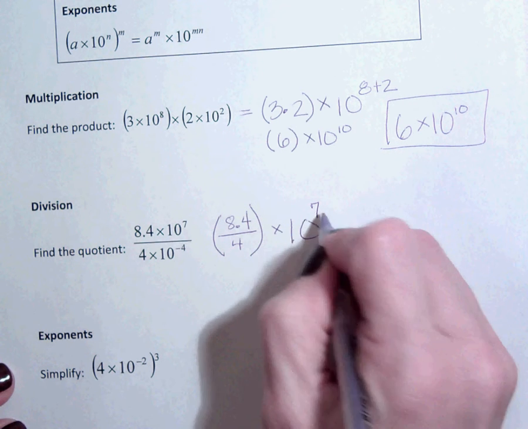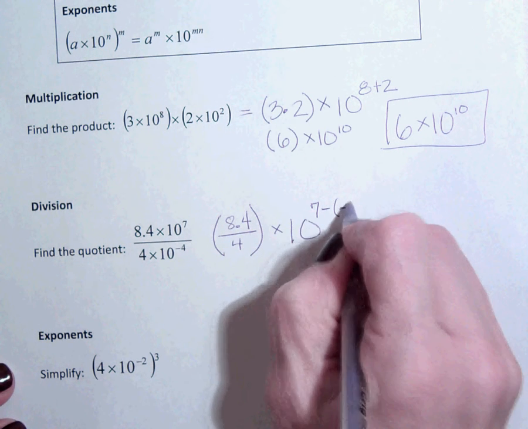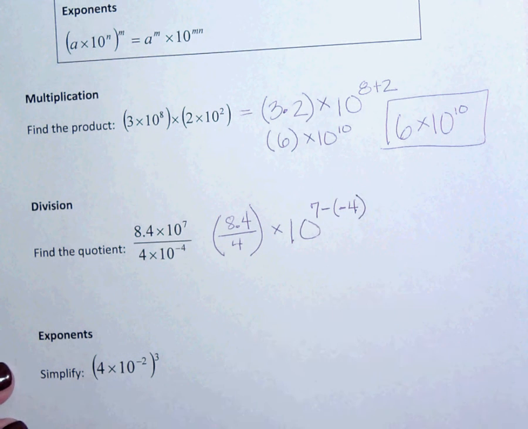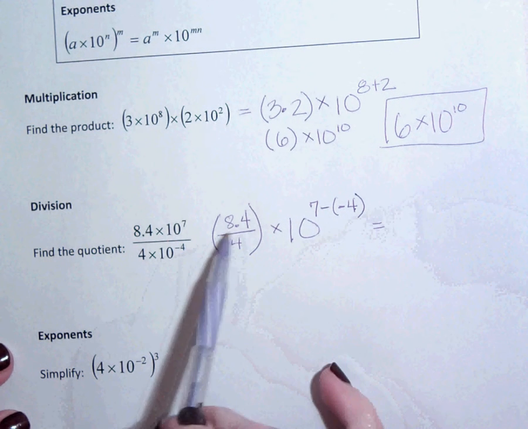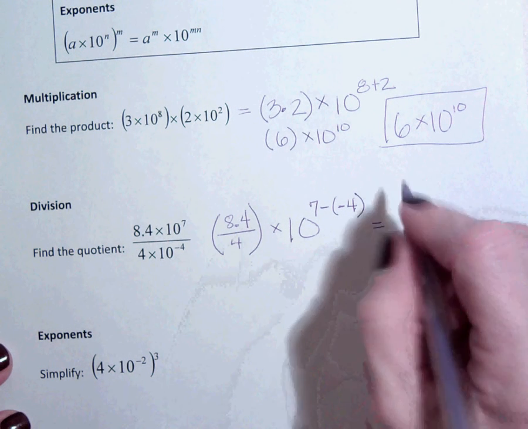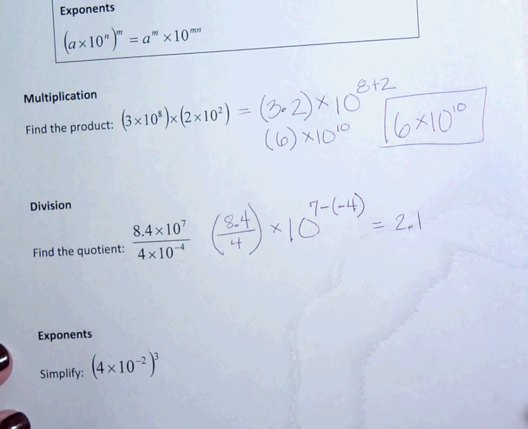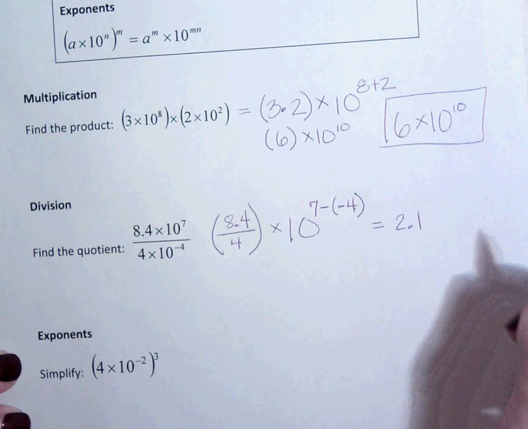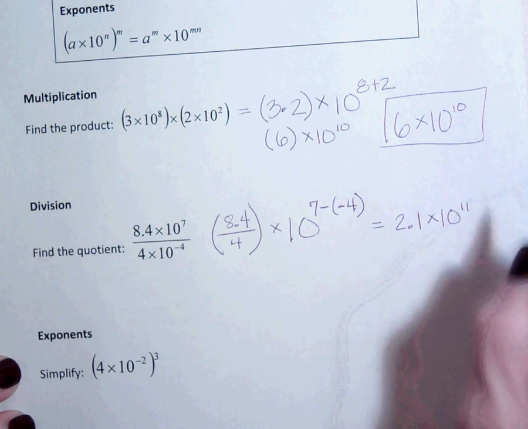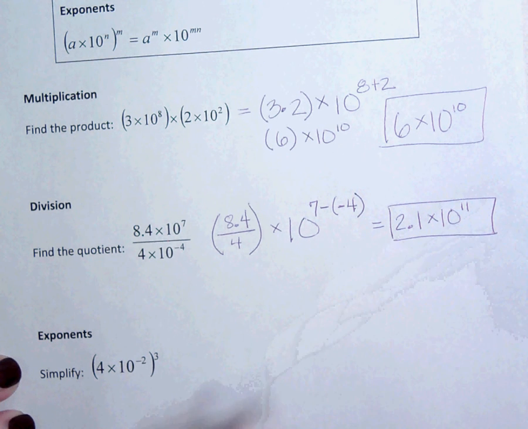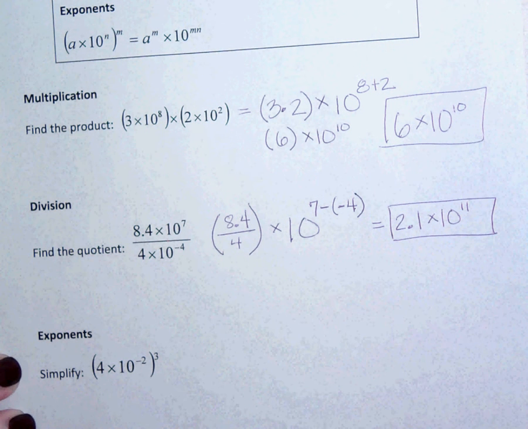My numerator is 7, but I'm subtracting negative 4. So I'm minusing a negative 4. So let's do the division here. 8.4 divided by 4, that's 2.1 times, and now 7 minus negative 4 is 11. So 2.1 times 10 to the 11th power.